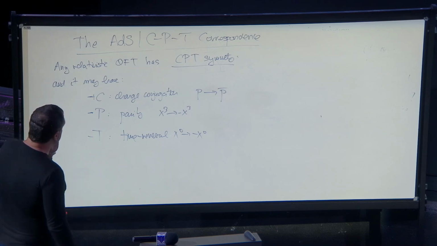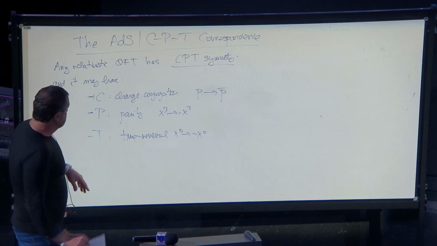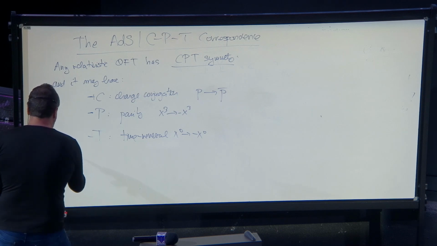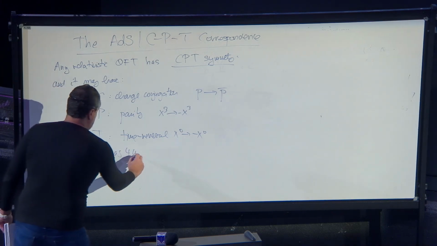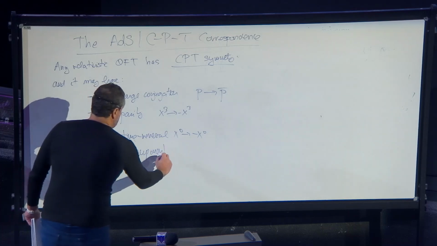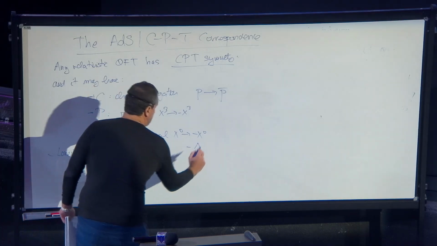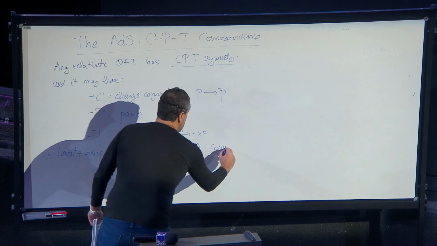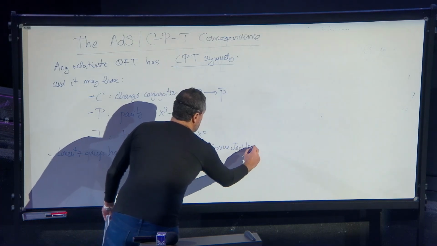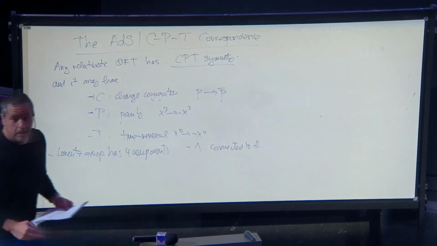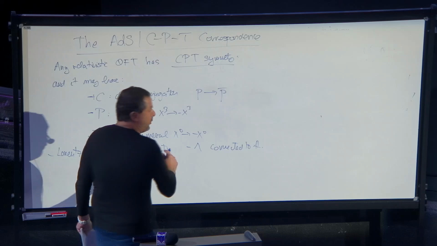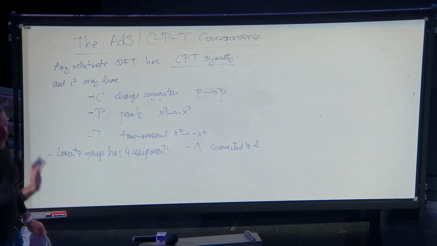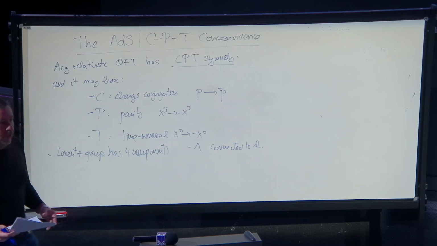A couple of things I want to say about this. The Lorentz group has 4 components. One of them, let's call it lambda, is connected to the identity. This is all you require to prove structural theorems like the CPT theorem.